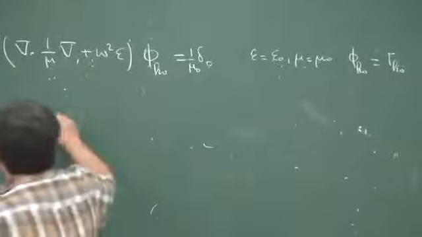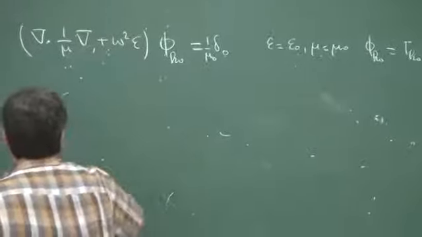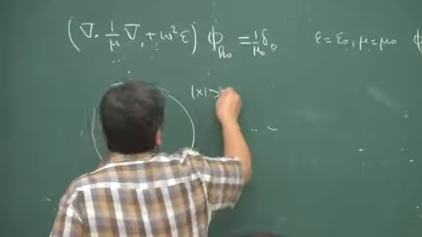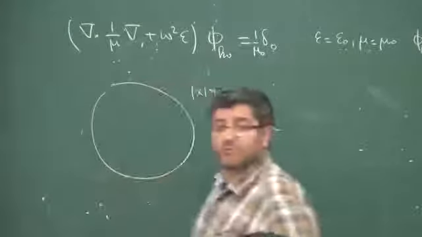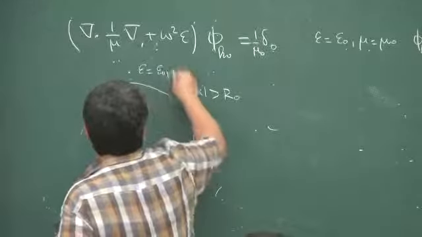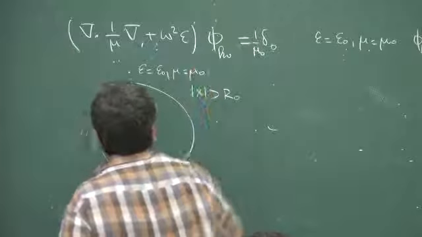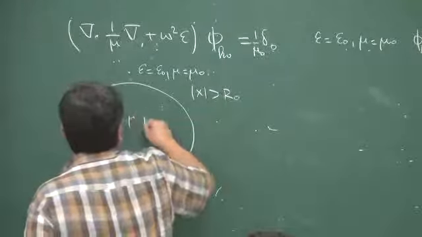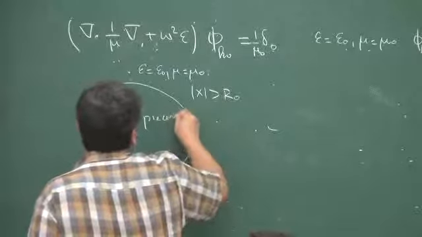Okay, and what do we assume? We assume that for x large enough, larger than some radius r0, epsilon equals epsilon 0 and mu equals mu 0. Inside this ball, epsilon and mu are piecewise constant.